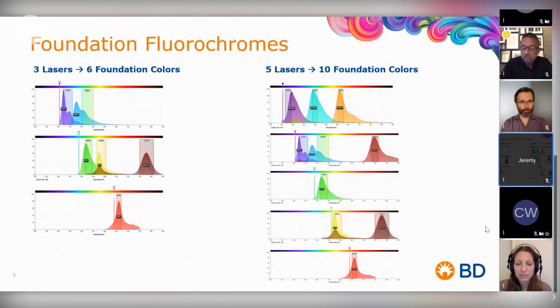But if we move to a 5-laser instrument with 18 parameters, now we have more room to physically separate the fluorochromes, and we can go up to 10 foundation colors. And a critical point to emphasize is that larger instruments are not only valuable to design large panels, 14, 16 parameters, but also can be very useful to simplify the panel design of smaller panels in the 8 to 12 realm. Next slide.